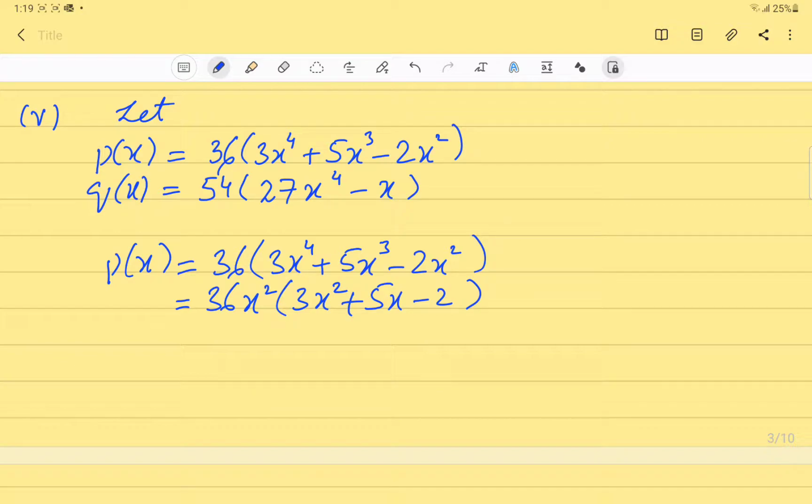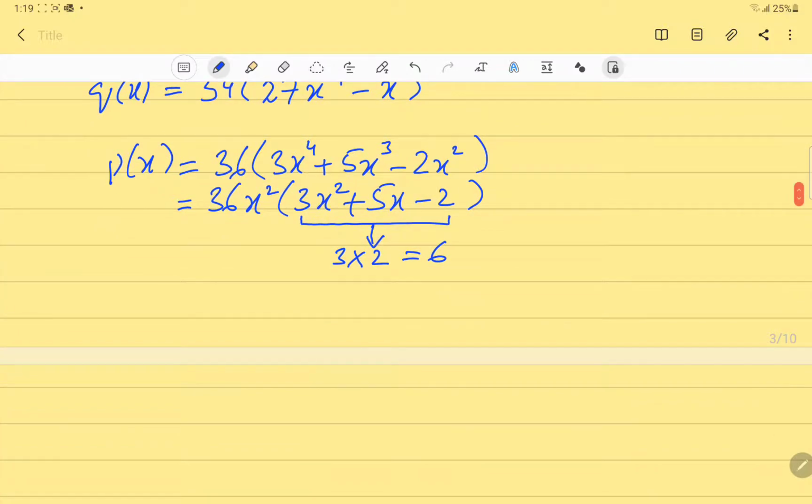We have now a quadratic expression within the bracket, so let us factorize it. This time x squared has a coefficient other than 1. So what we will do, we will multiply 3 with 2. So 3 multiplied by 2 is equal to 6. Let us write all possible pairs of factors for this. So that is 1 into 6 and 2 into 3 is equal to 6. Now which one do we have to use here?